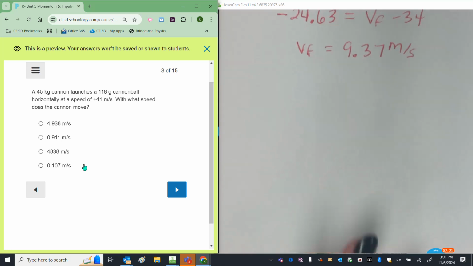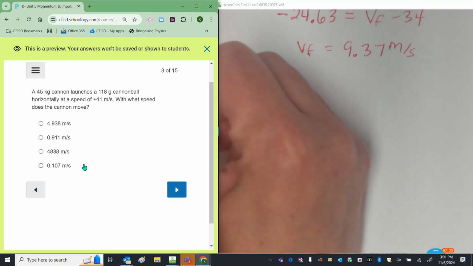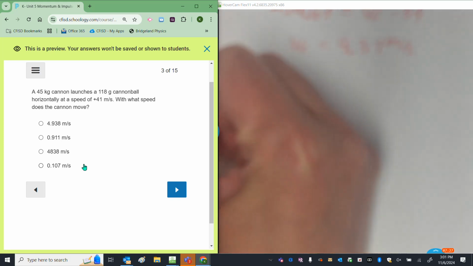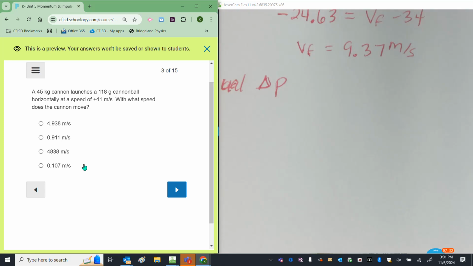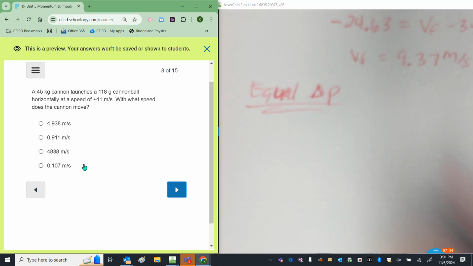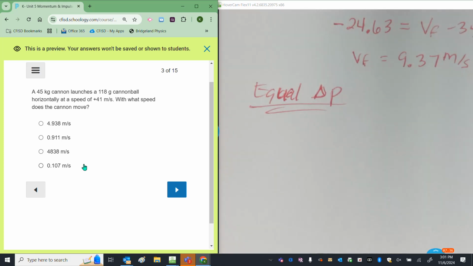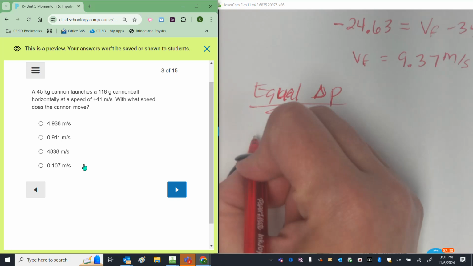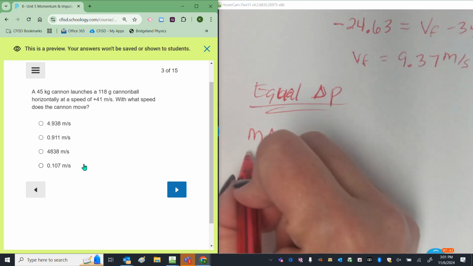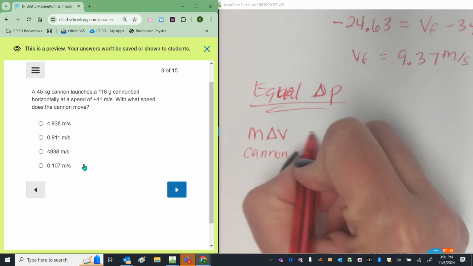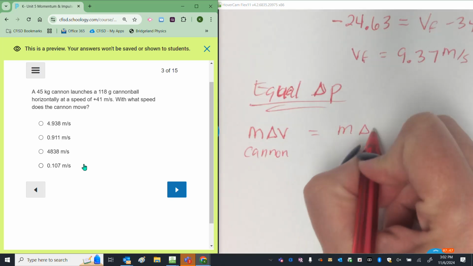Because I know that they're going to have equal changes in momentum, because I have equal forces and equal times, that means that I can set the change in momentum of the cannon equal to the change in momentum of the cannonball.